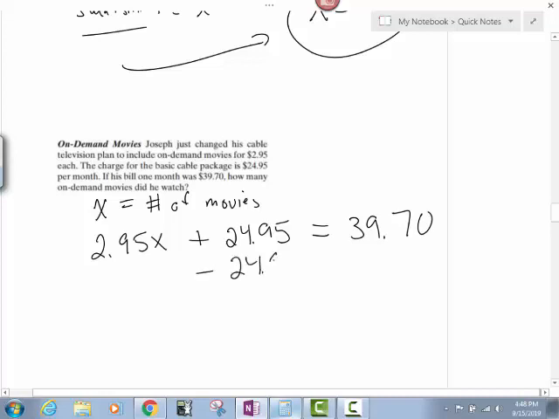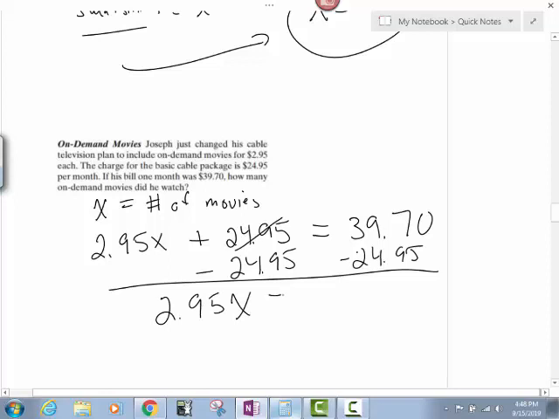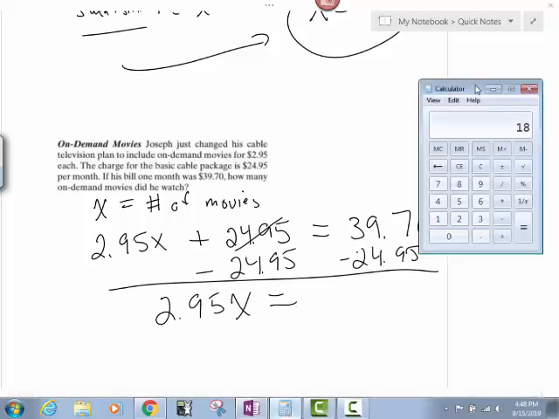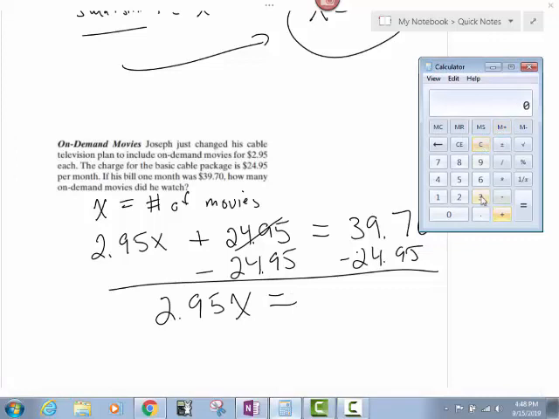So we want to go ahead and solve this for the letter x. Let's go ahead and subtract off $24.95. I'm going to end up with 2.95x equals, let me grab my calculator again. We're going to take the total bill, which was $39.70, and subtract off the basic package, which was $24.95.